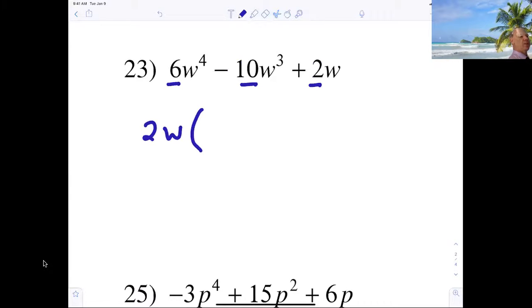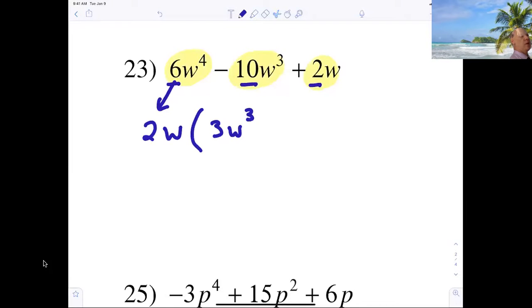So are you having trouble with 6 divided by 2? Now listen to me. I'm giving you a hard time, but listen to me. You're dividing each of them. You think it's different, but it's really not. It's just you have more to do. You hear me? All right? So now tell me that answer. 3W to what power, though? Go slow. Right. Come on now. Get the next one.